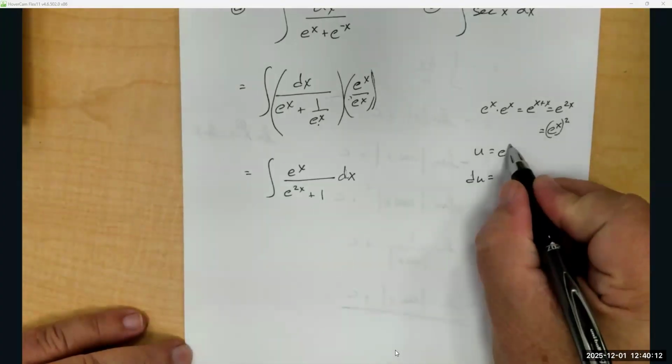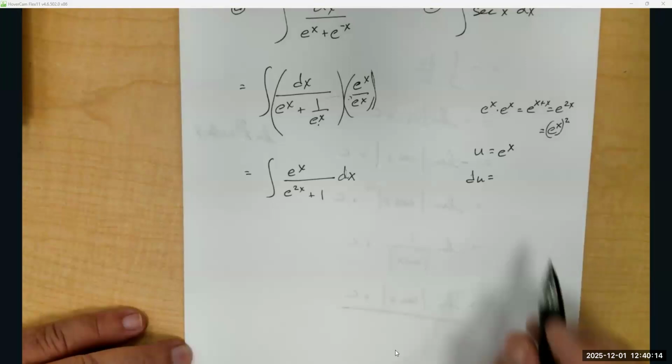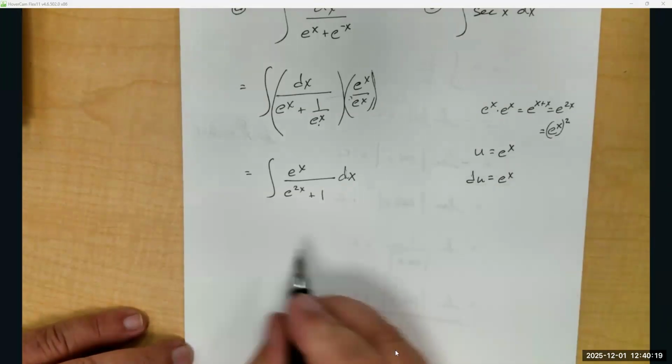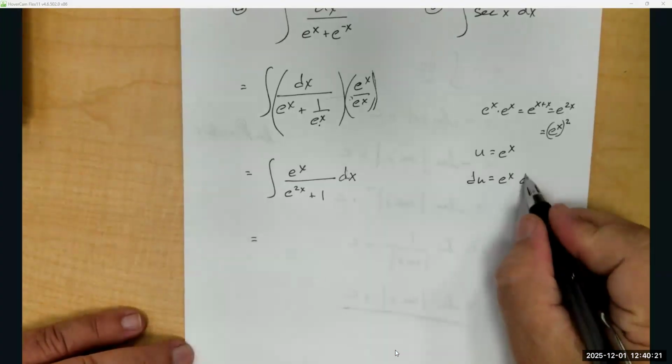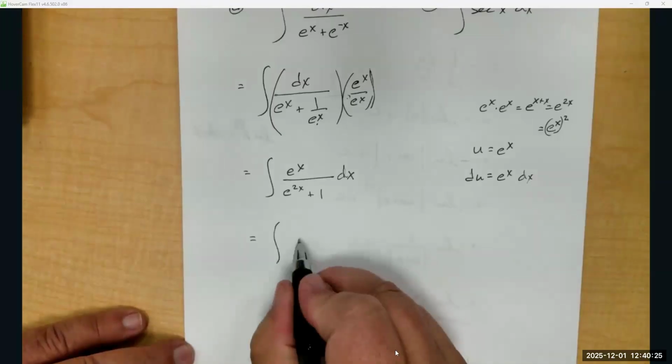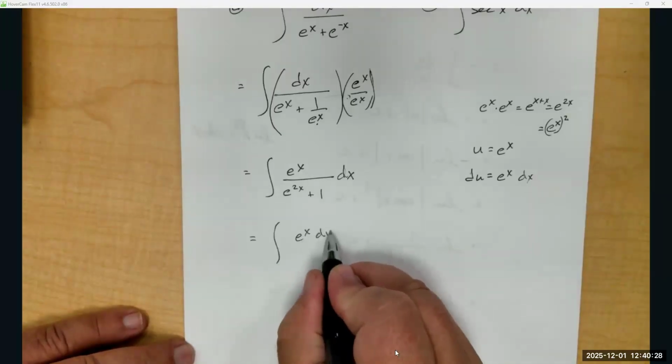So if we made it e to the x, what's the derivative of e to the x? Dx. So on top, we have e to the x dx.